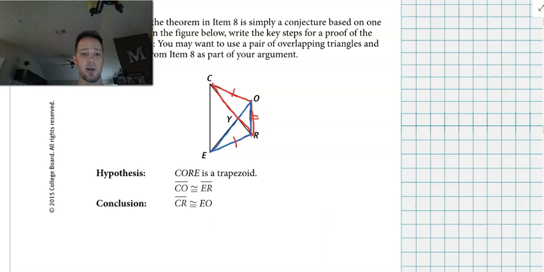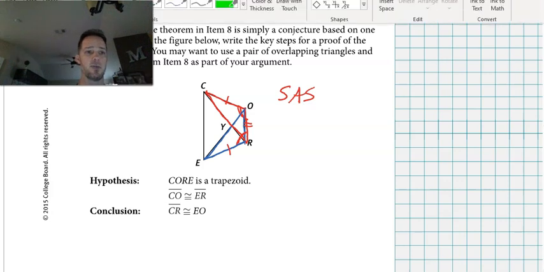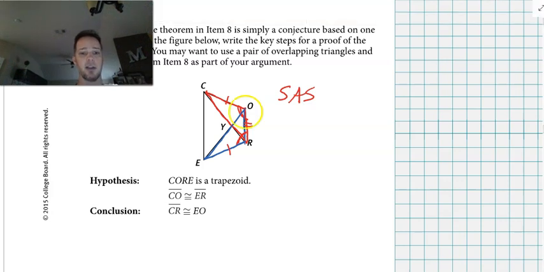Because it's an isosceles trapezoid, we've already proven that this angle here would be congruent to this base angle here. So we could actually use side angle side to prove congruency. And once we've proven those two triangles are congruent, any other parts would be congruent. So this long leg here would have to be congruent to this long leg here. So the two diagonals have to be congruent to each other.